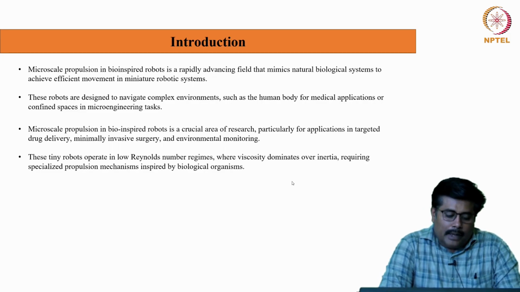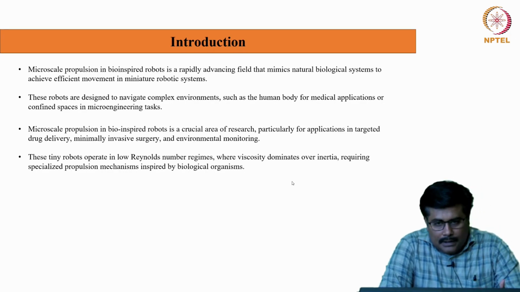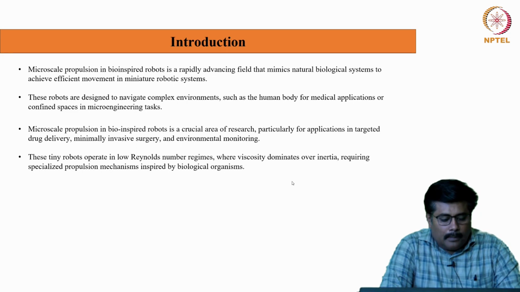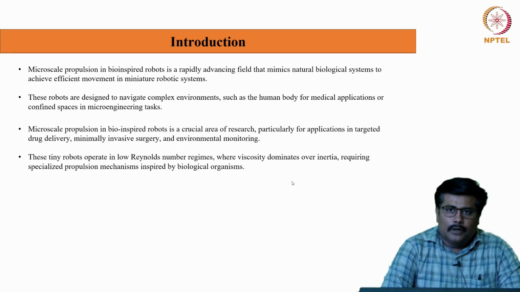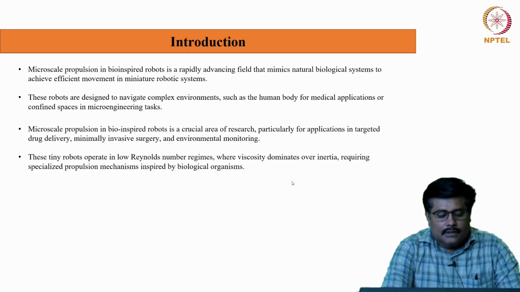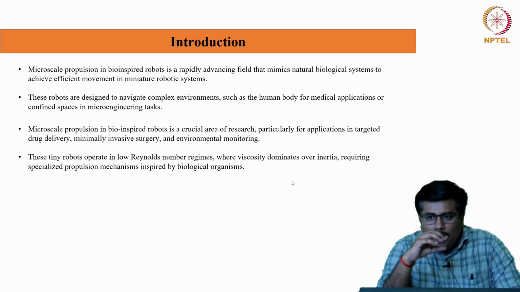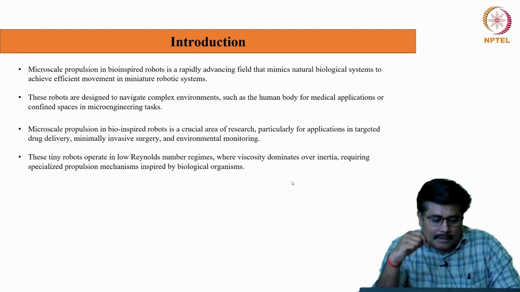Among the actuation mechanisms, magnetic actuation, which we discussed in detail in the earlier modules, is widely used in bio-inspired micro robotic systems. Especially from the propulsion perspective, such micro magnetic based systems have smooth propulsion, which is considered to be one of the key advantages, and they also have the flexibility to be used for different complex structures.